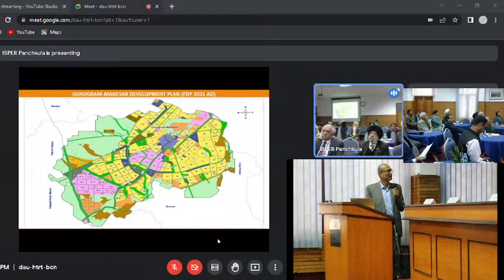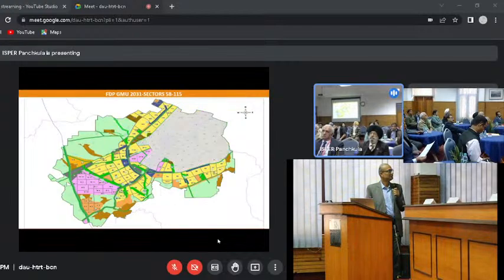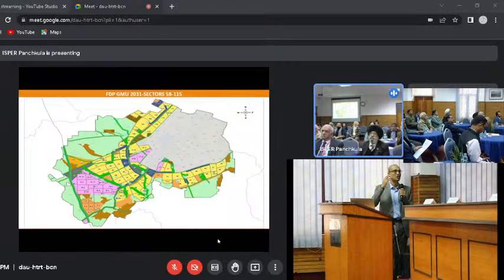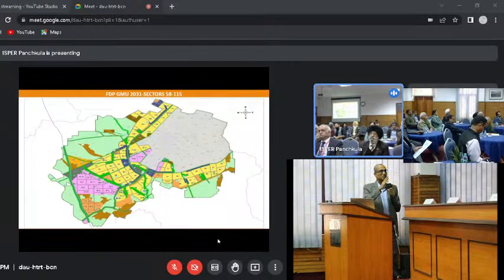So this is the Gurgaon development plan. The gray part is the development plan till 2001. The colored part is now active, from sector 58 to 115, in which most of the activities are being undertaken.